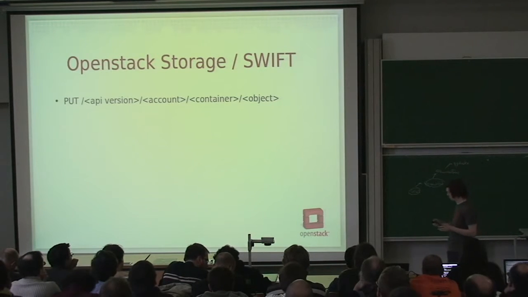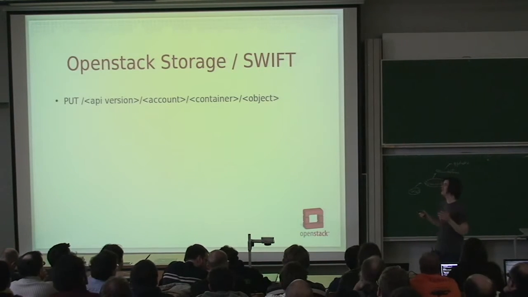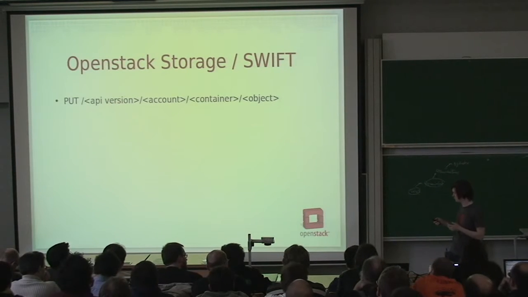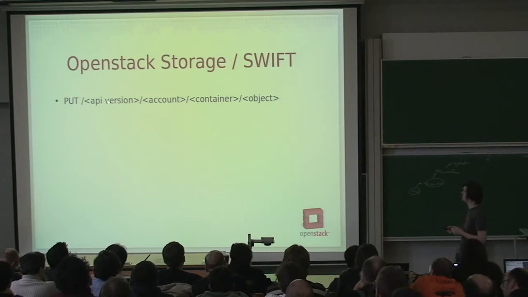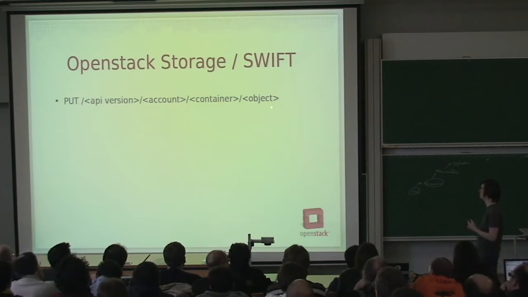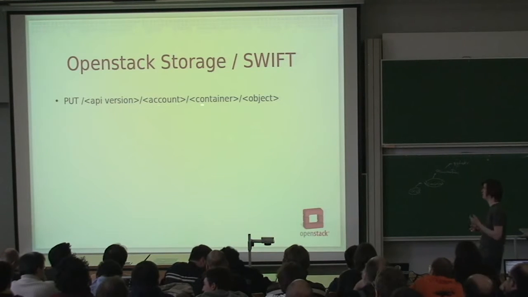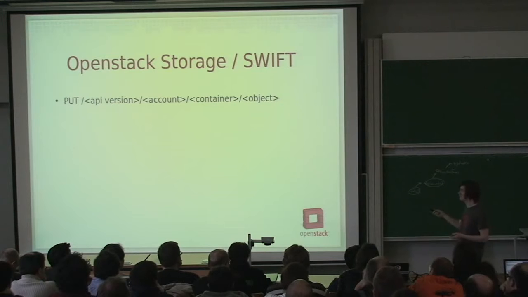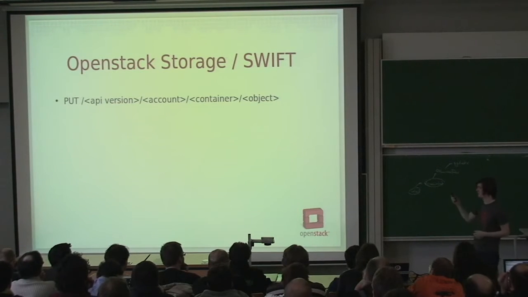So instead, Swift does it all by looking at the stuff that you provide it. The API version is a given, not really very interesting. So you give it 3 pieces of information: the account name, container, and object. So I might want to store something. The account name could be Soren, container could be Wares, and object could be Windows 7.iso.